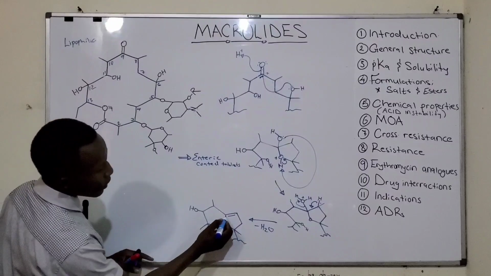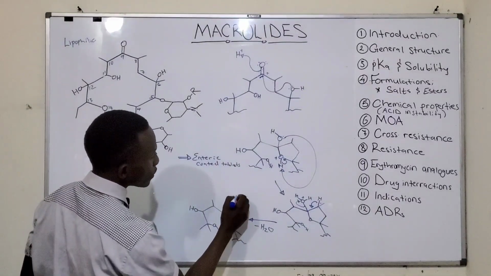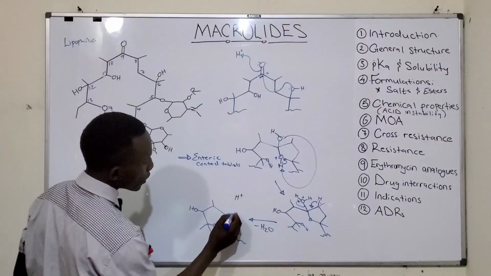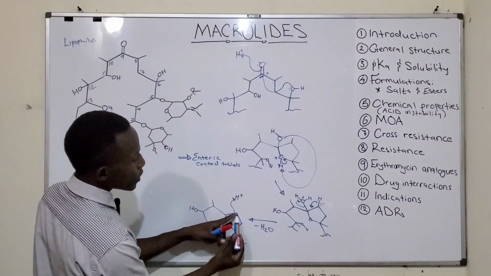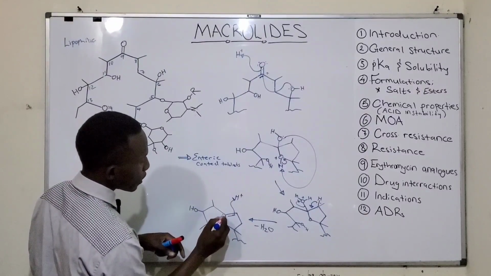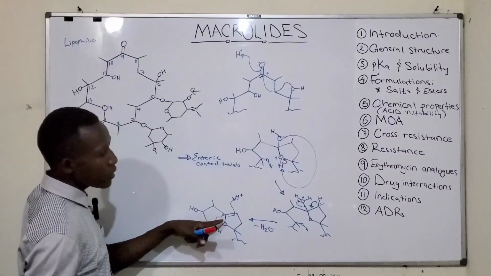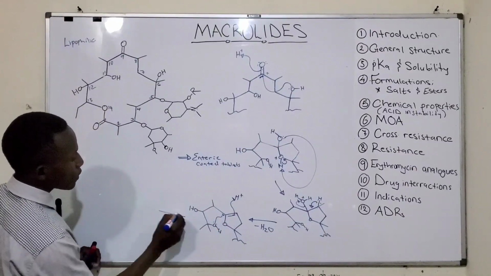Now, this bond, remember, we are under acidity. There is a proton. This bond will attack the proton. When it attacks the proton, this carbon will be stabilized, but this one will be unstable. Now, this oxygen comes and attacks this carbon, which is unstable, stabilizing it. Therefore, we shall have this.